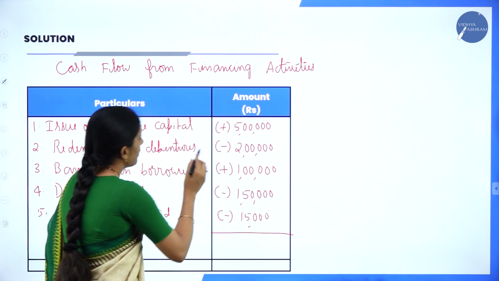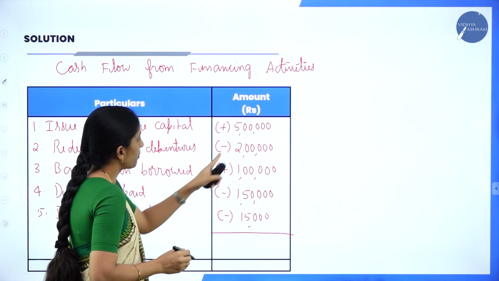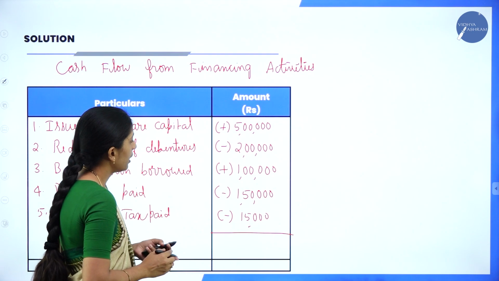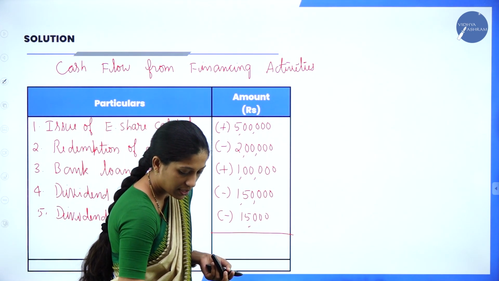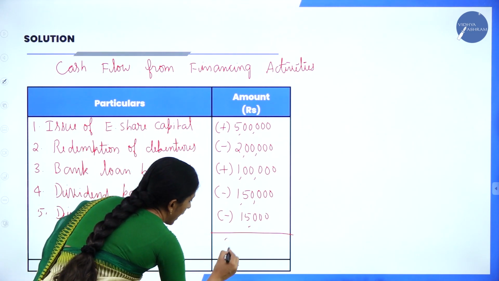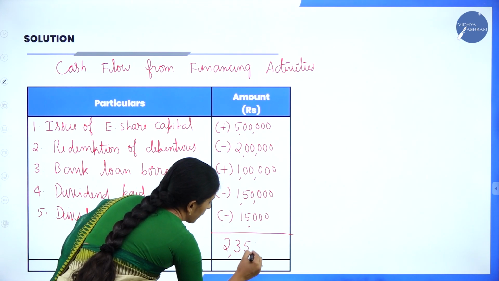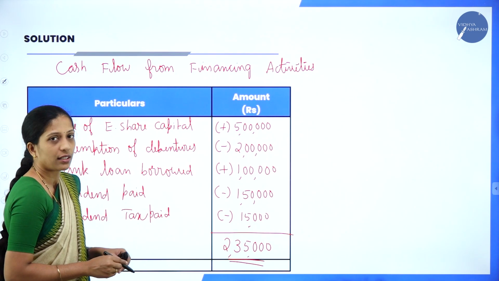Let us calculate. So 5 lakh plus 1 lakh, that is 6 lakh. 6 lakh minus 2, that is 4 lakh. 4 lakh minus 1,50,000 minus 15,000. So it will be 2,35,000. So this is also positive. Your answer is positive, 2,35,000.